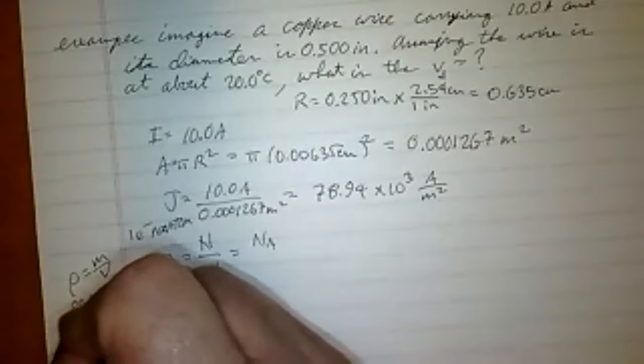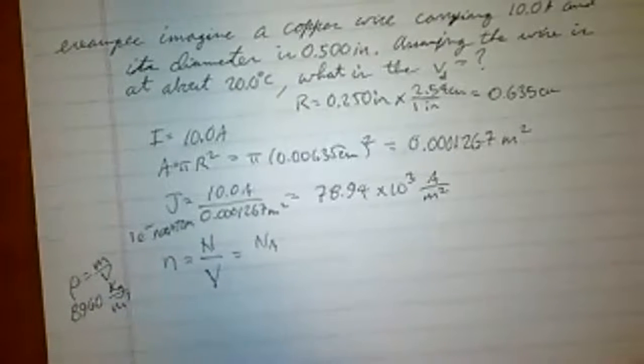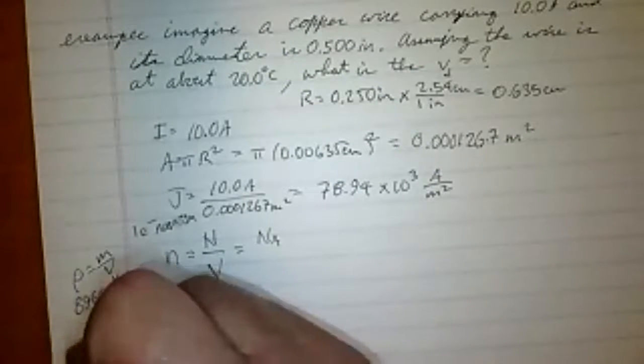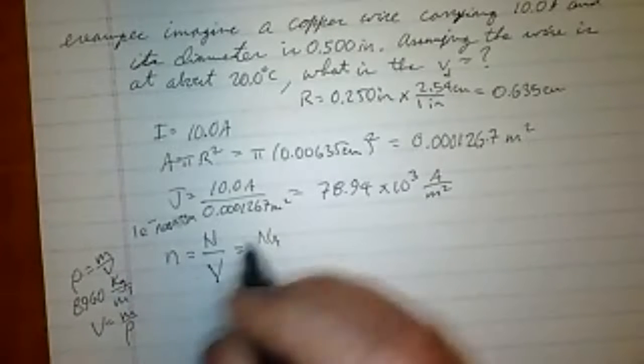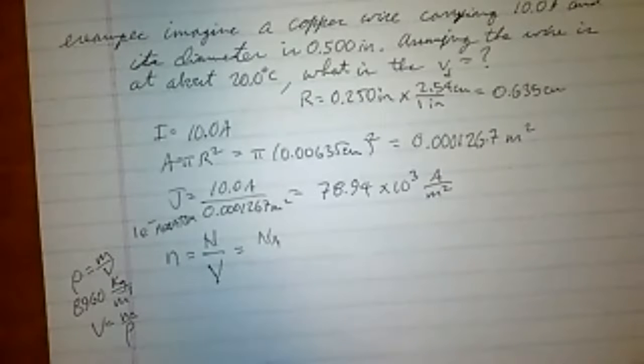8,960 kilograms per cubic meter is the density of copper, right? So I can say that V is actually equal to M over rho. Well, the mass of a mole is in fact the molecular mass, or in this case, the atomic mass. And for copper, the atomic mass is 63.546 grams.